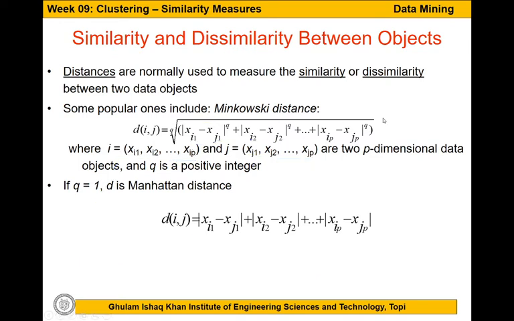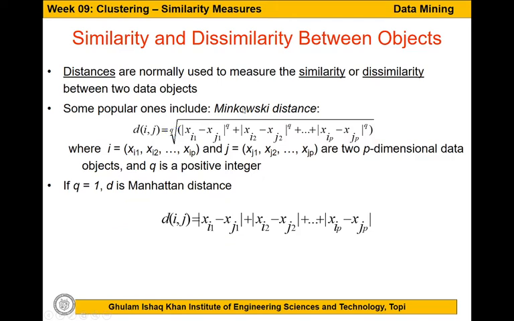This is the general form, which is known as Minkowski distance. In the Minkowski distance, when we put the value of q equal to 1, we get this formula, and this is called Manhattan distance, right? The records I showed you earlier will simply have their values put into this equation, and we will get a distance value.